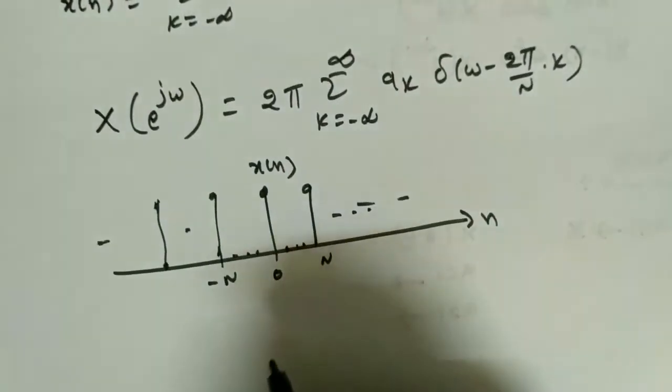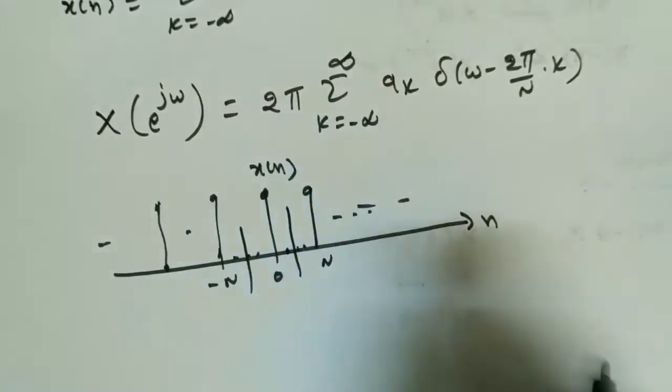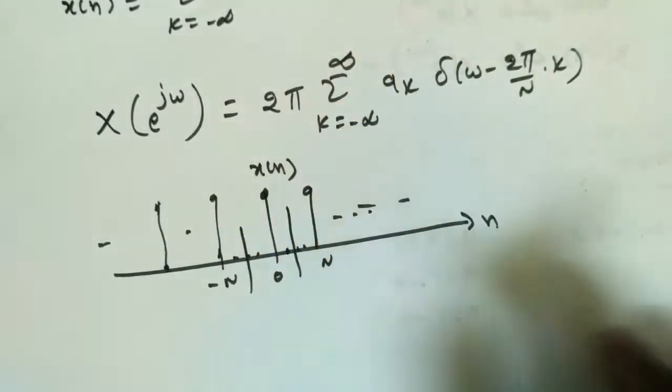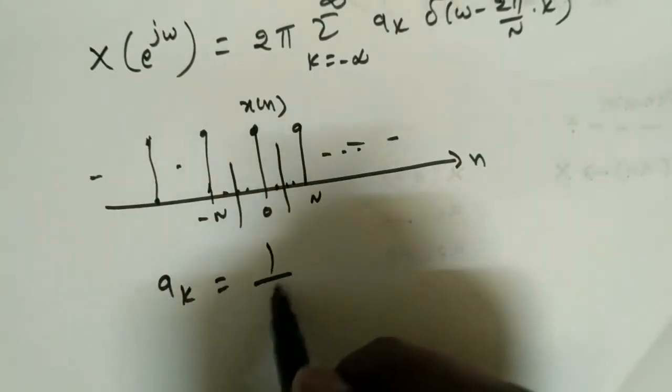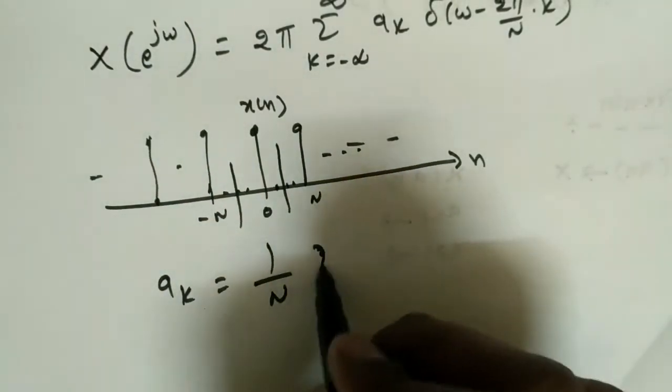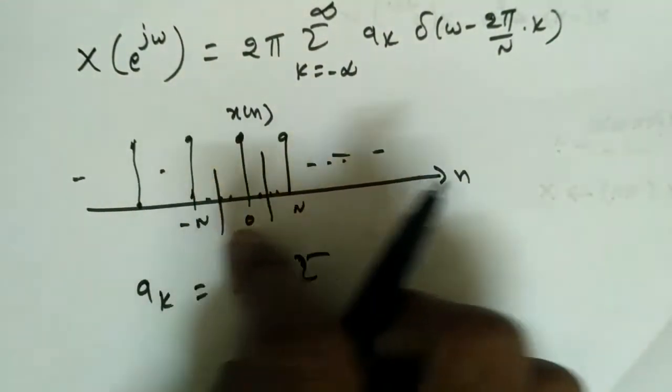Now what we need is the summation over one period. If I consider only this one period, it will be very easy. So to find a_k, it is 1 by N summation over one period, and that one period I can assume as somewhere here.